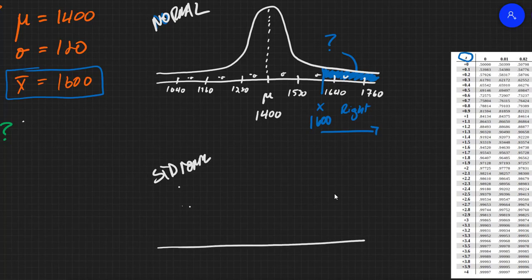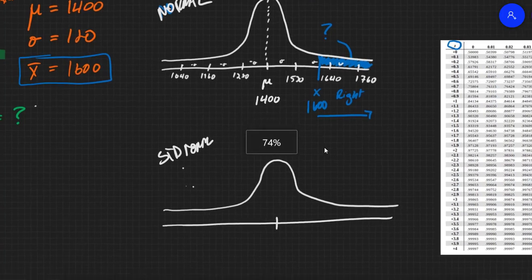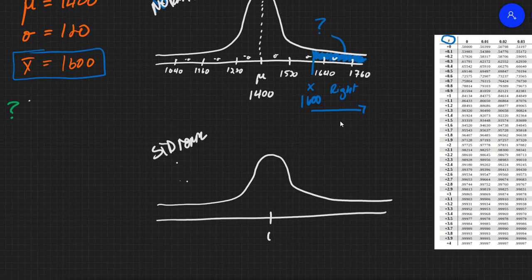Our standard normal distribution looks exactly the same as our normal distribution, except the mu is 0, and instead of having a variable x as our x-axis, we have the variable z as our z-axis, I suppose, where each sigma is just a standard deviation. 1, 2, 3, -1, -2, -3.